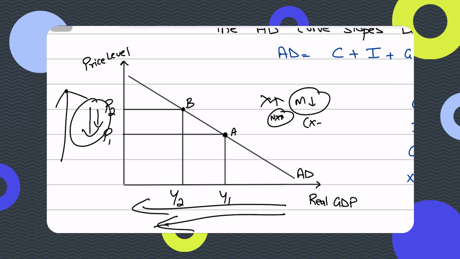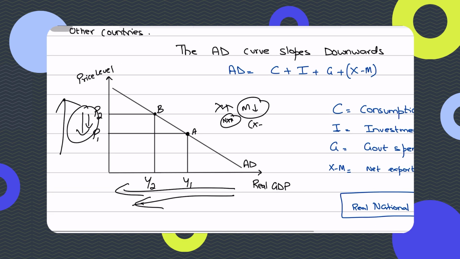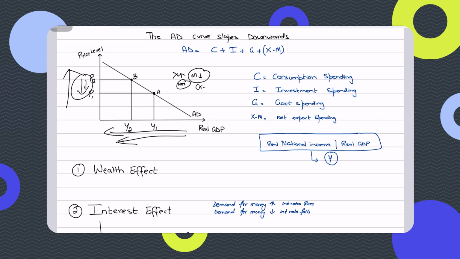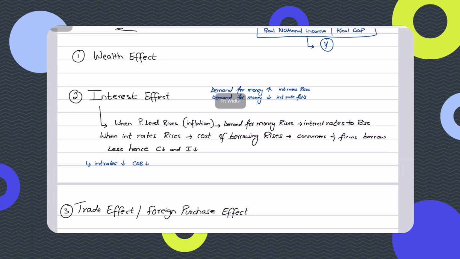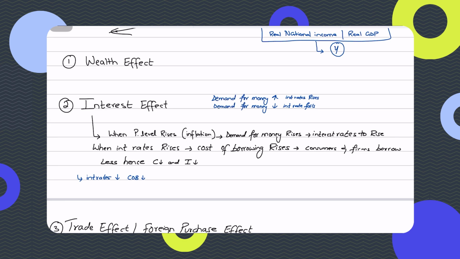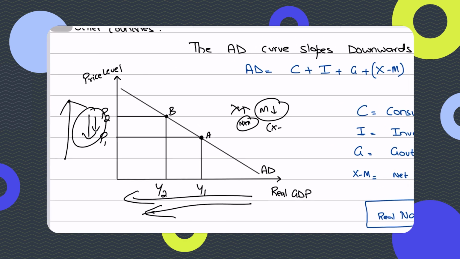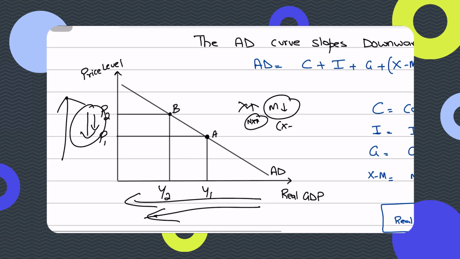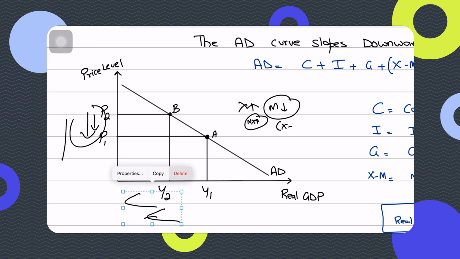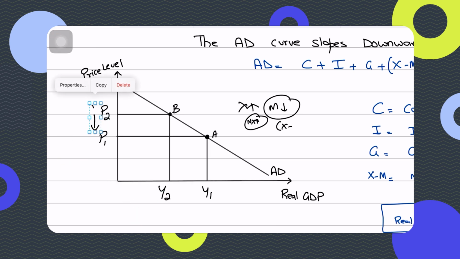And so different effects have different effects on different components, right? So the spending is going up or down because of these three effects: the wealth effect, the interest rate effect, and the trade effect. And that explains why spending is inversely related to price level, such that if the price level goes up, there's more inflation, then your spending goes down, because of the interest rate effect, the trade effect, and the wealth effect, right?